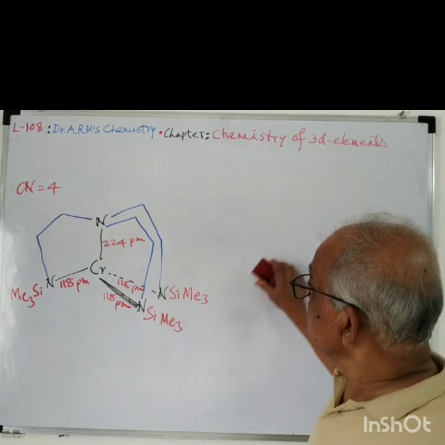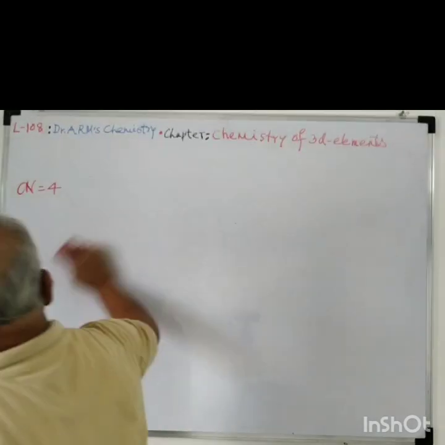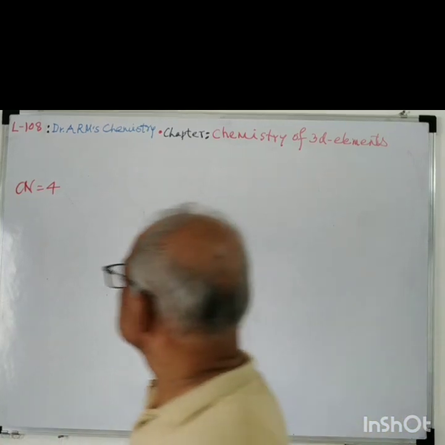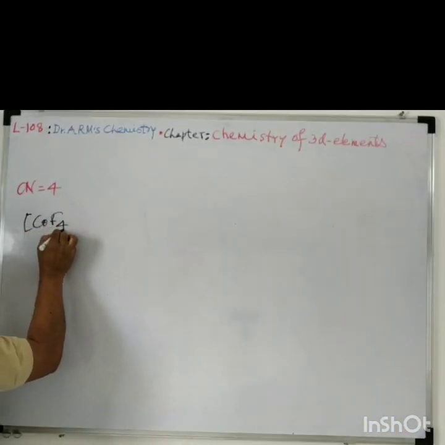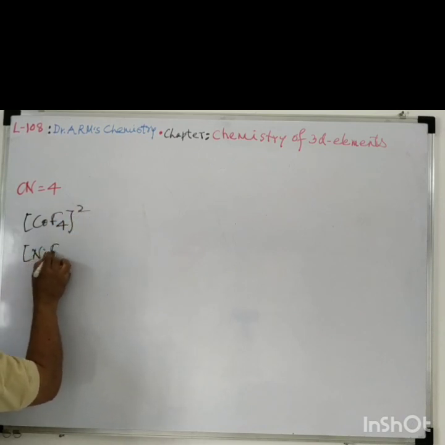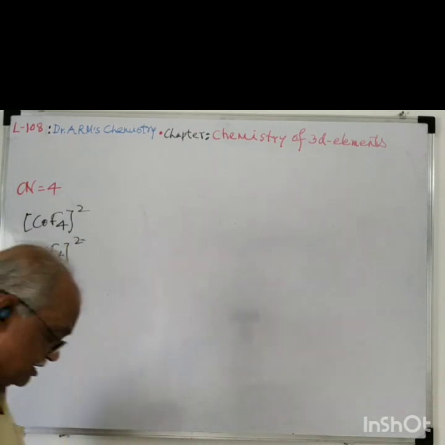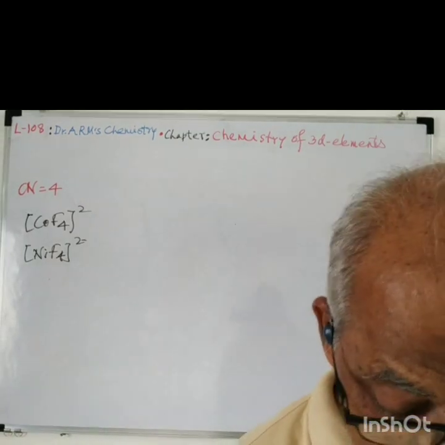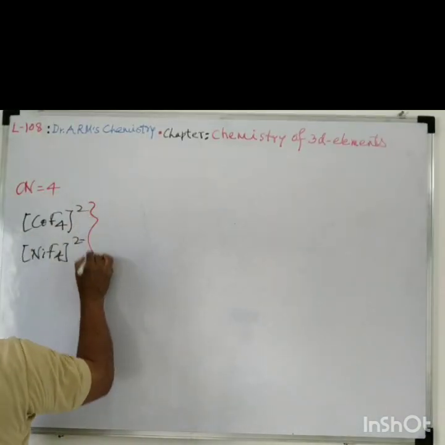For example, CoF4 2 minus and NiF4 2 minus. These are the two examples where we can have polymeric structures.